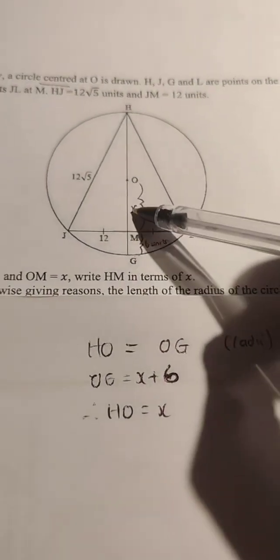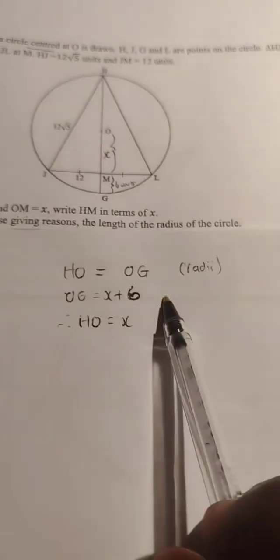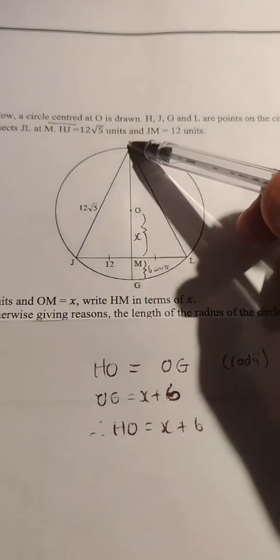OG is X plus the 6. So then HO is also equal to X plus 6. So OM is equal to X, that is given.